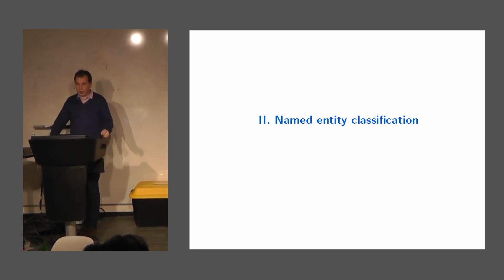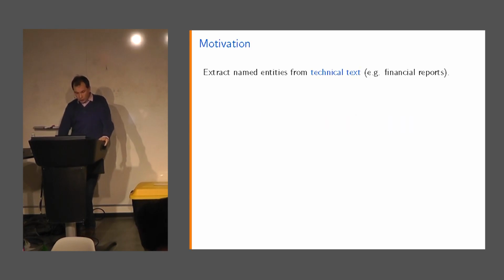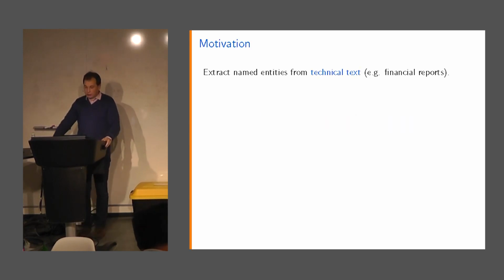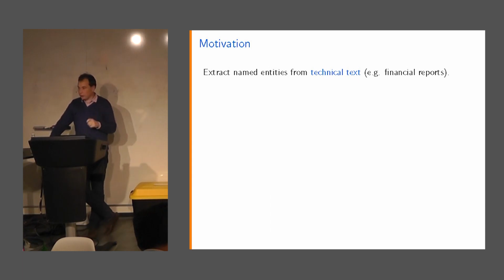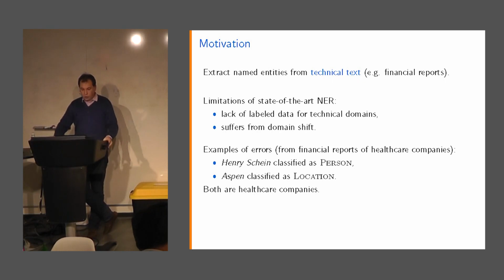Okay, so now I'll talk about named entity classification, and a particular problem, which is extracting named entities from technical text, such as financial reports. I think the current state of the art is not really a good way to address this problem. First, because again, for most technical domains you don't have labeled data.